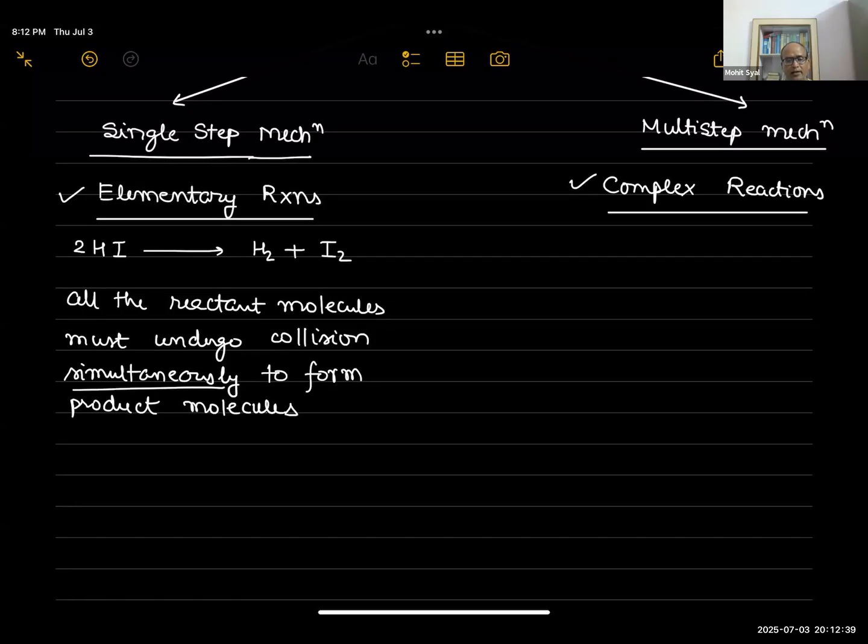Why simultaneously? Because if they do not collide simultaneously, some of them are left, so they need more than one step to undergo complete reaction.